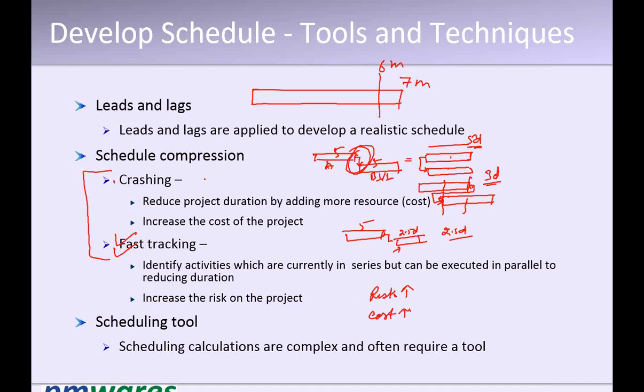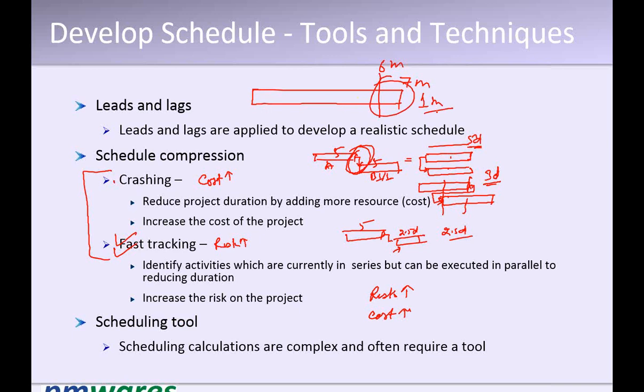So if you do crashing, cost increases. In fast tracking, risk on the project increases. But you can get some time. On some activities you can reduce the project by 1 month.